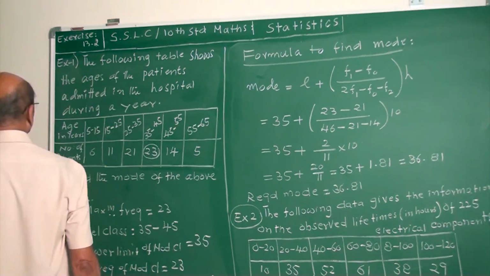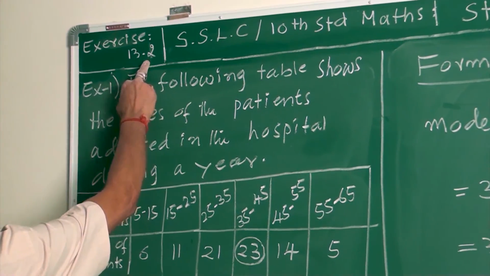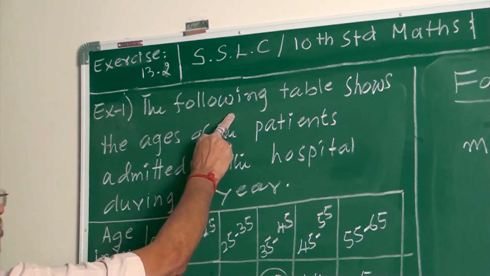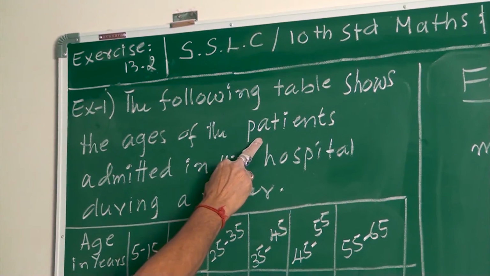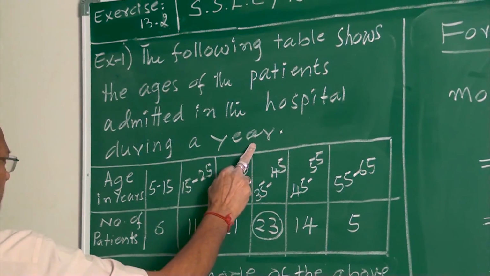The next example is from exercise 13.2. In this exercise, this is the first example. The statement is: the following table shows the ages of the patients admitted in the hospital during a year.